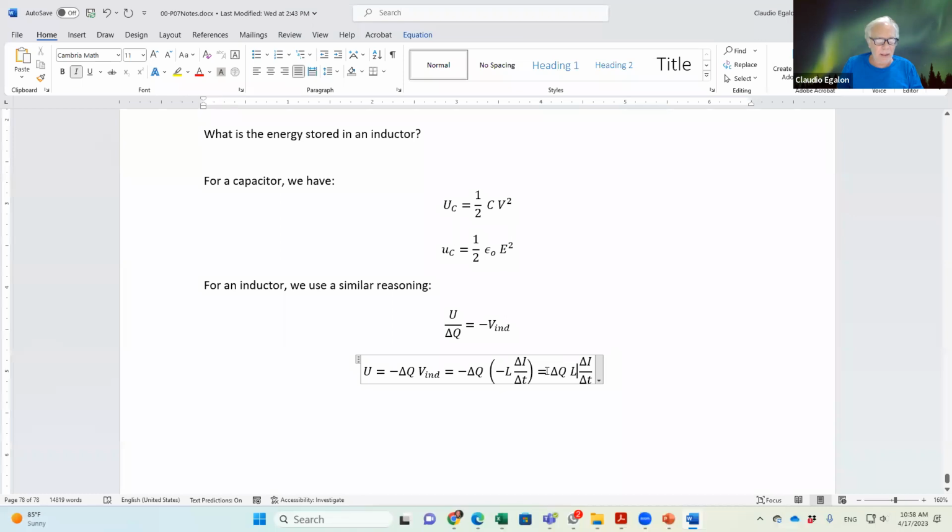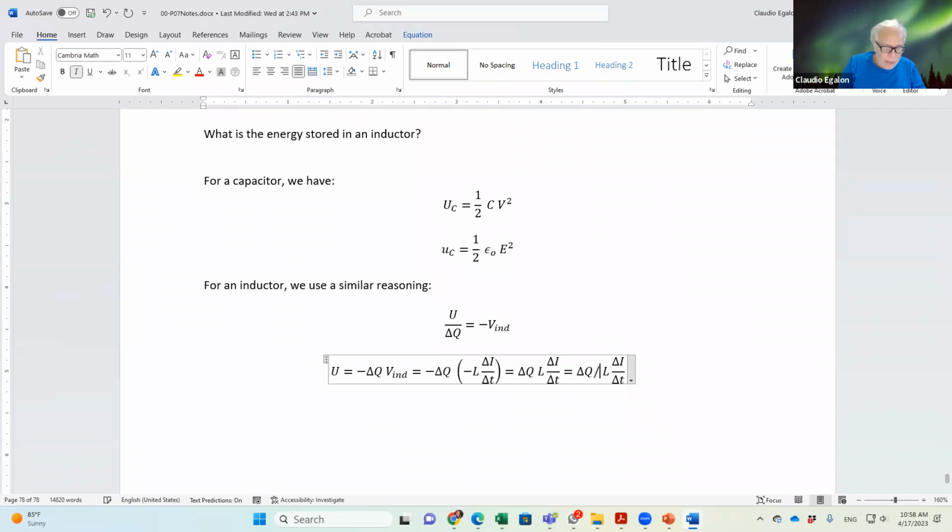I can move this delta T below the delta Q. So instead of writing delta I over delta T, I'm going to write delta Q over delta T.